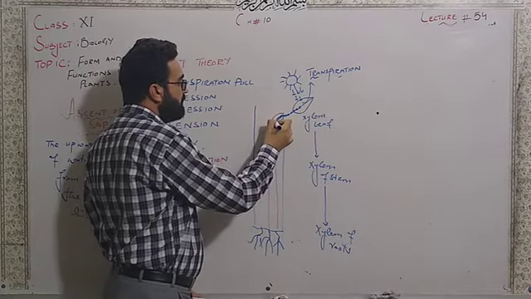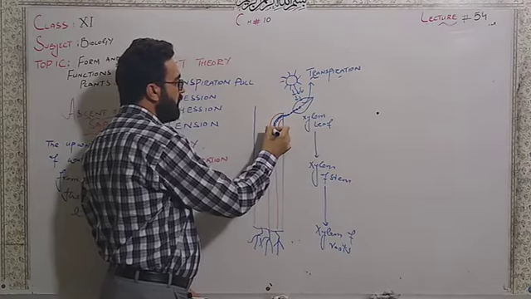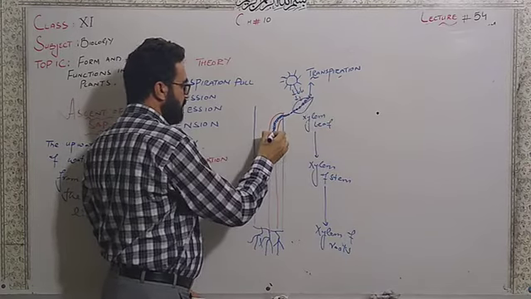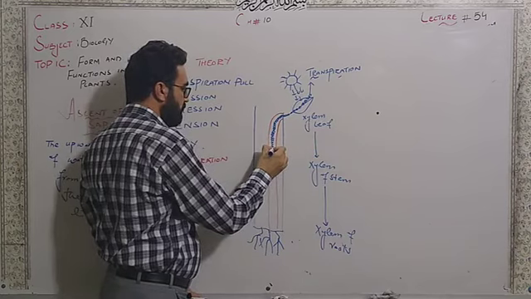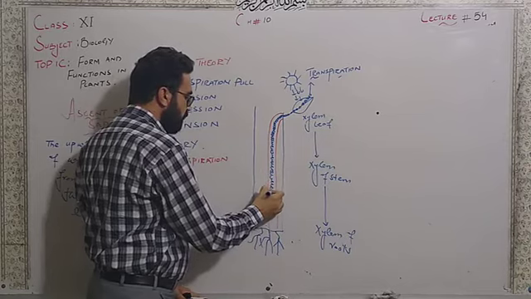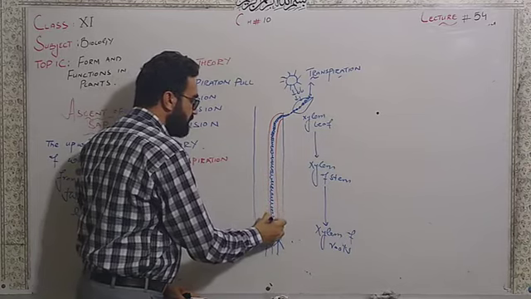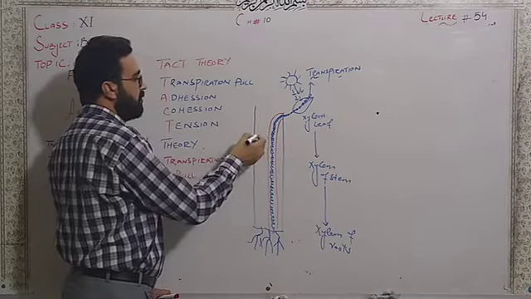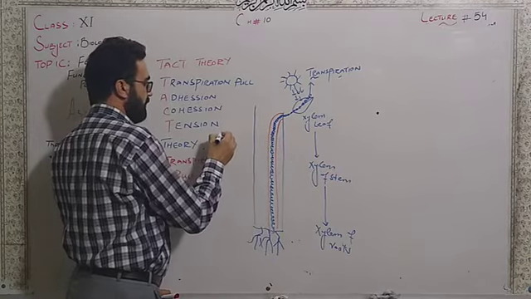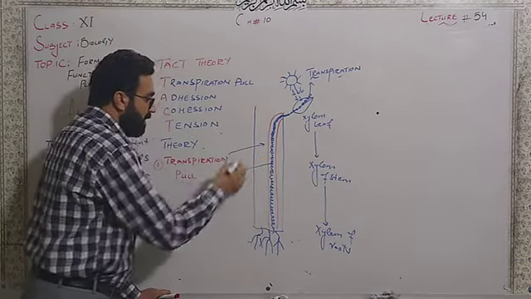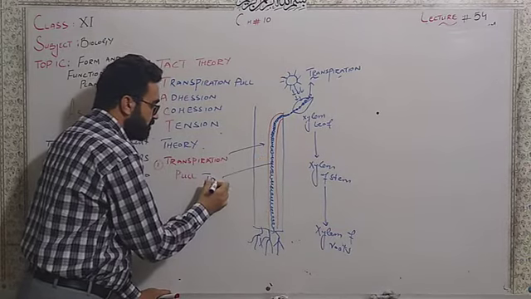And when the deficiency of water molecules occurs in the stem, a suction force is created, which is called transpiration pull. That force is called transpiration pull, and this channel of the water is called the transpiration stream.